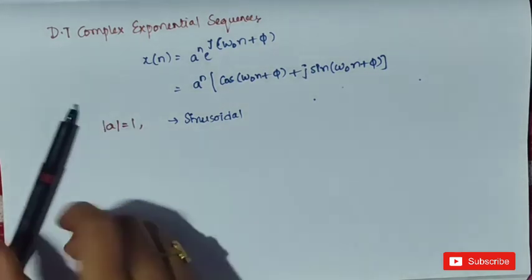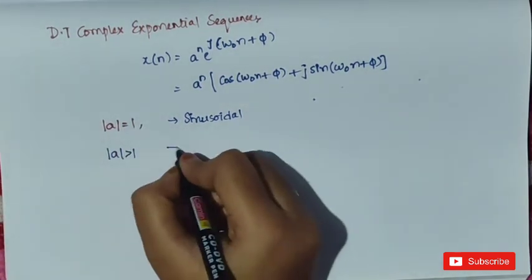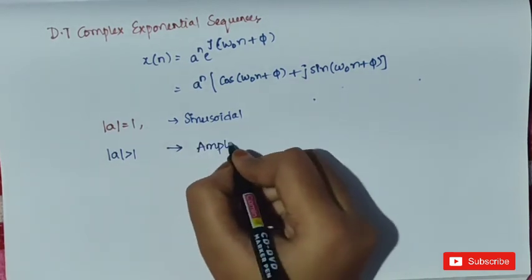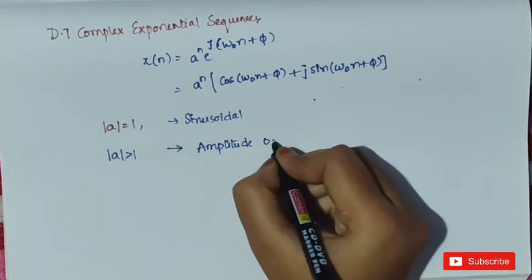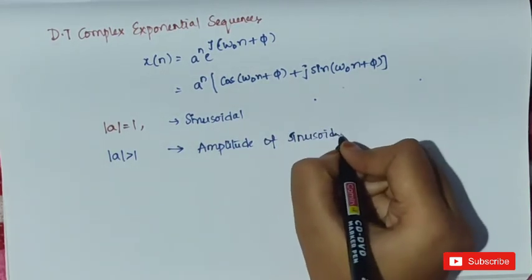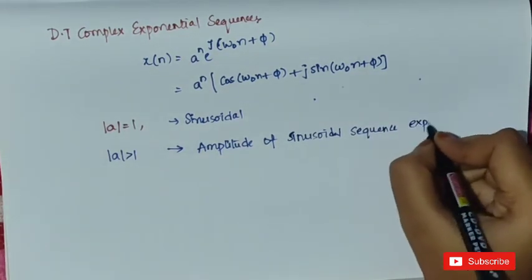If mod a is greater than 1, the amplitude of the sinusoidal sequence exponentially grows.